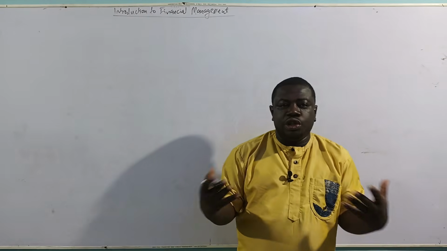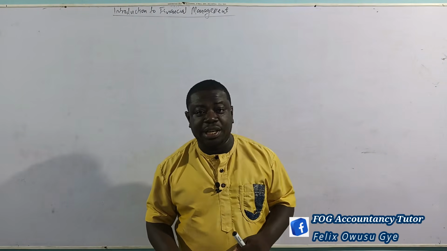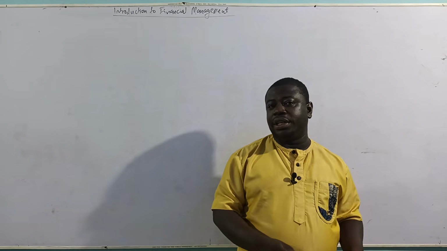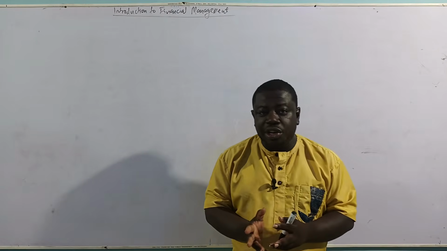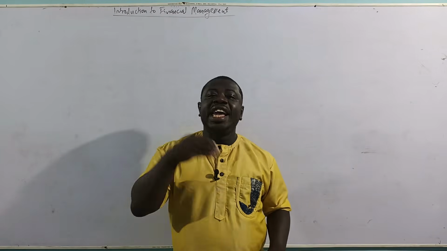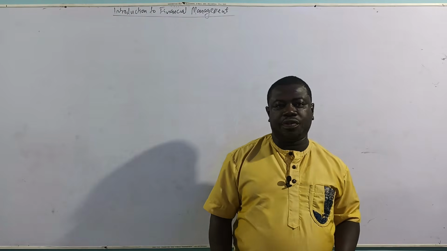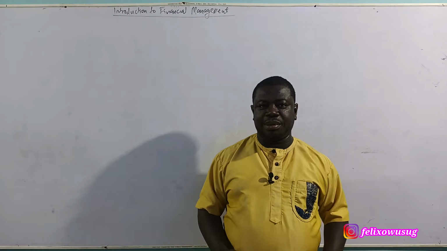So if you want to put these two together and define financial management, we can say that financial management is the act of planning and controlling the financial resources, or the monetary resources, of an organization in order to achieve the financial goals of the organization. That is what we can simply say financial management is.